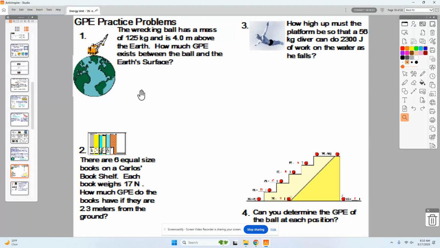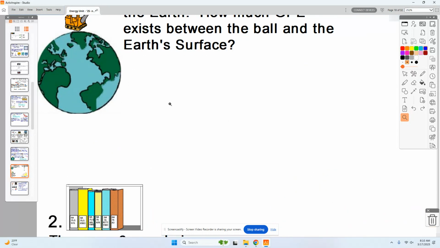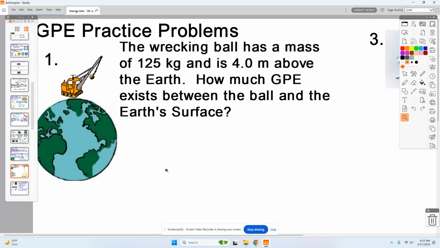Wrecking ball, 125 kilograms, about 4 meters above the Earth. I'd like to know how much GPE the ball has between the position and the Earth's surface. So again, anytime I'm doing GPE calculations, I'm going to measure that height relative to some zero level.